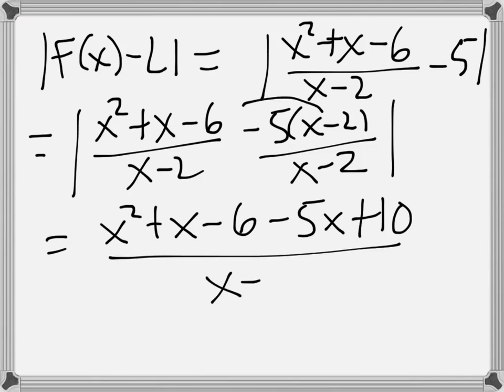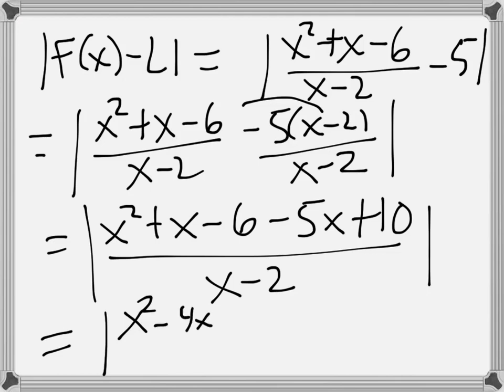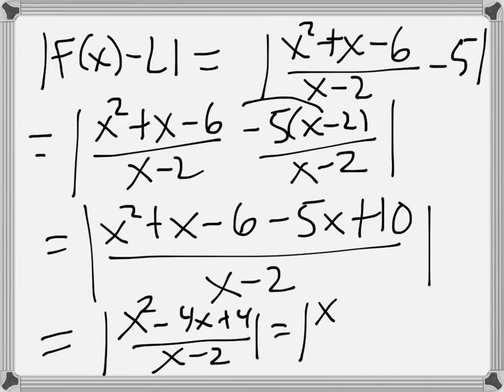And that's all over x minus 2 in absolute value. So again, these equalities are just changing the same expression over and over. And now I want to simplify that expression. The numerator becomes x squared minus 4x plus 4 over x minus 2, and I can factor the numerator as x minus 2 squared over x minus 2 in absolute value.